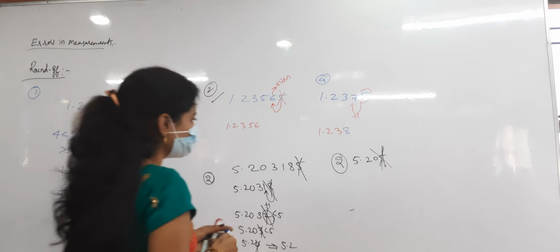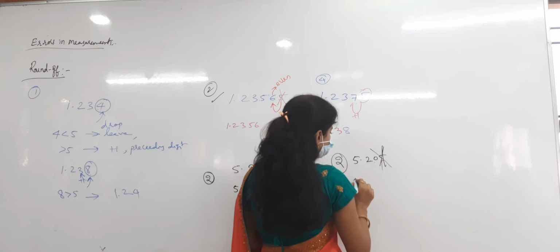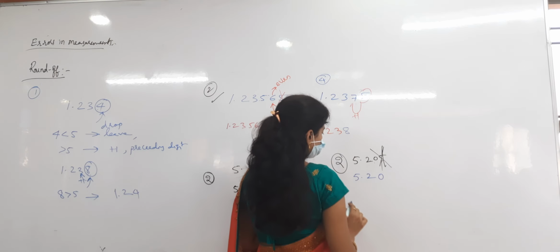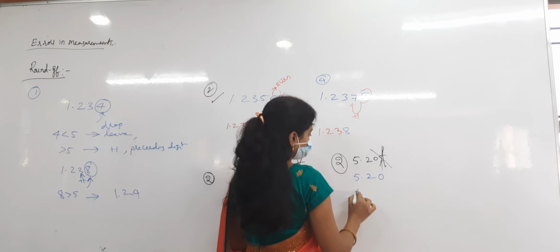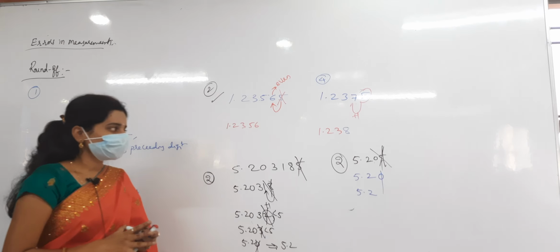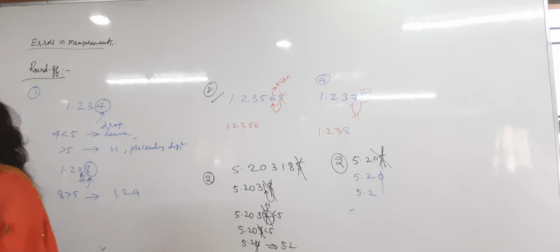Write the example: 5.205. Write the rounded value as 5.2.